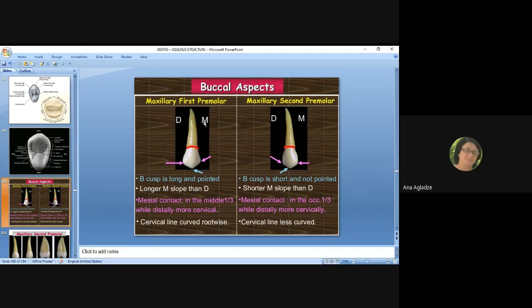This is distal side, mesial side. The cusp is longer in the first premolar, is shorter in the second premolar.